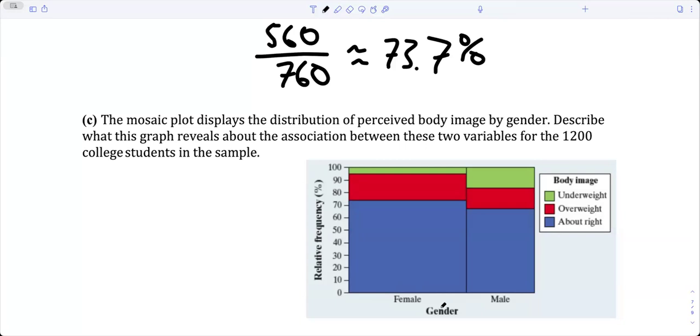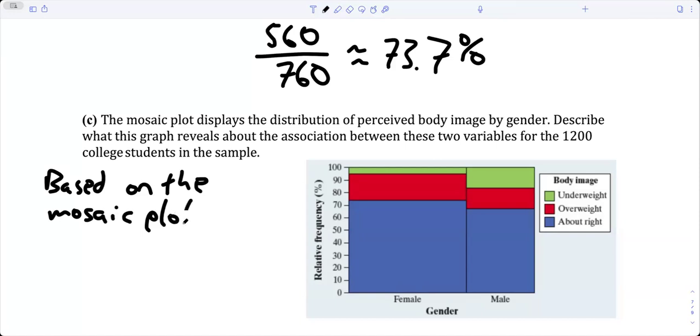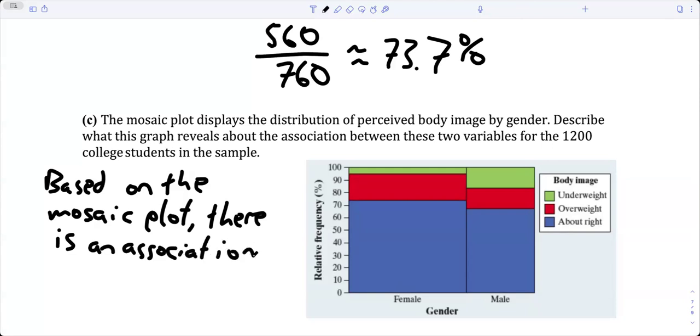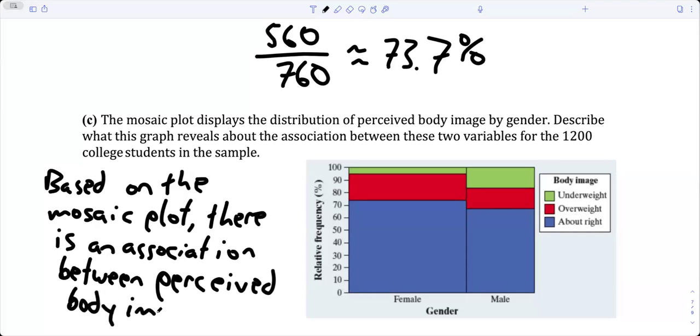Okay, so this is what I said here. Based on the mosaic plot, there is an association between perceived body image and gender.